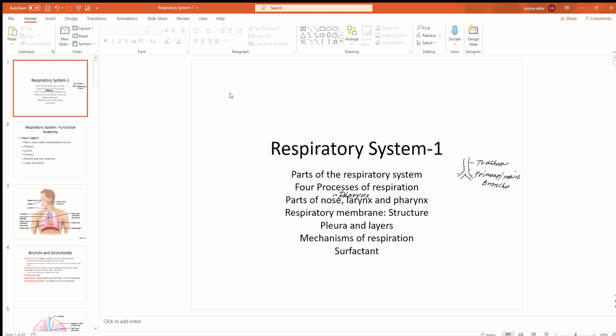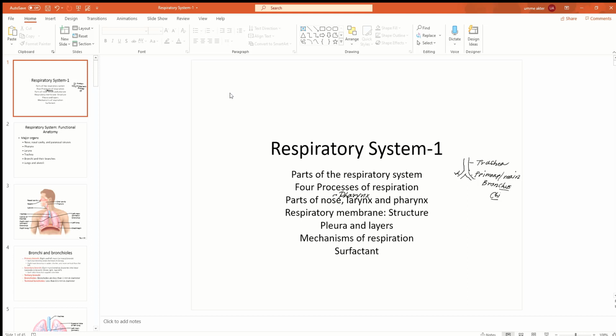This is the left primary or main bronchus. This is the right primary or main bronchus. Now the term bronchus is singular if I indicate only one. If I indicate both, the plural is bronchi. So bronchi is plural, bronchus is singular.